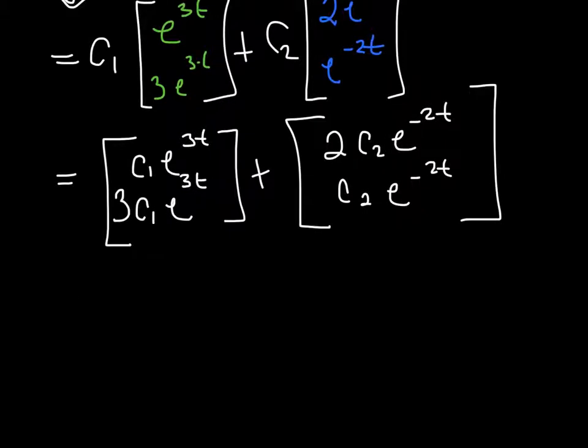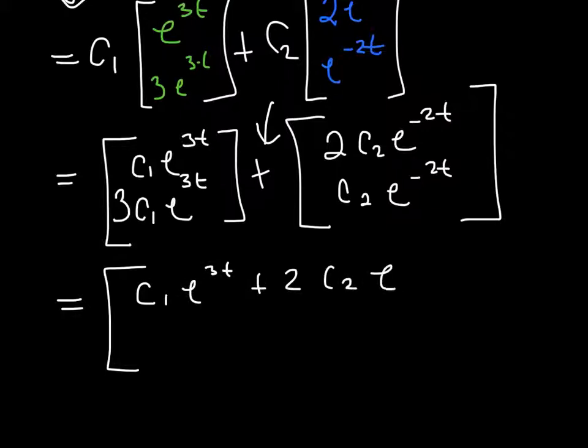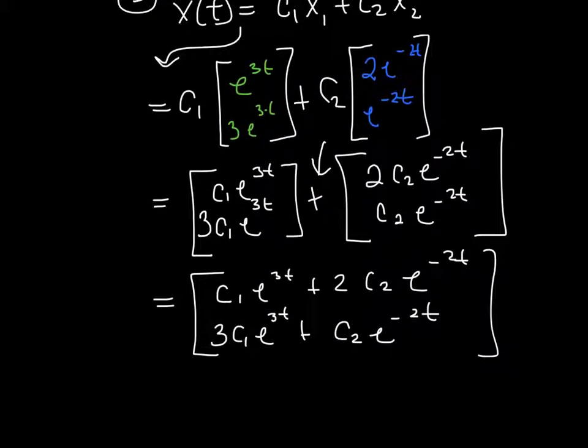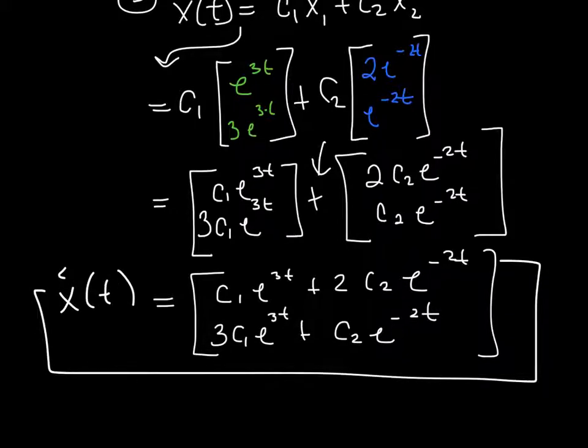I think I said multiplication, but we're not multiplying, it's addition. Okay, so c1 e to the 3t plus 2c2 e to the negative 2t, and similarly 3c1 e to the 3t plus c2 e to the negative 2t, and we are done. That is our x of t, x bold of t, our general solution to this matrix equation.